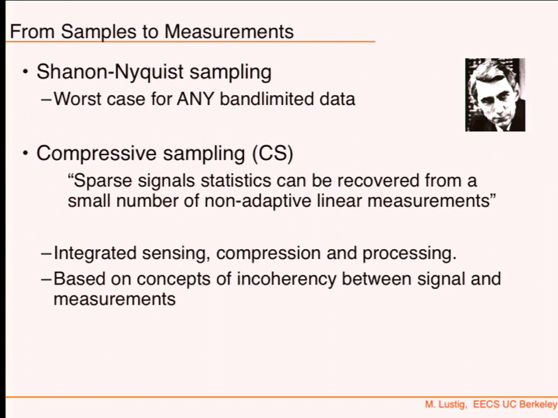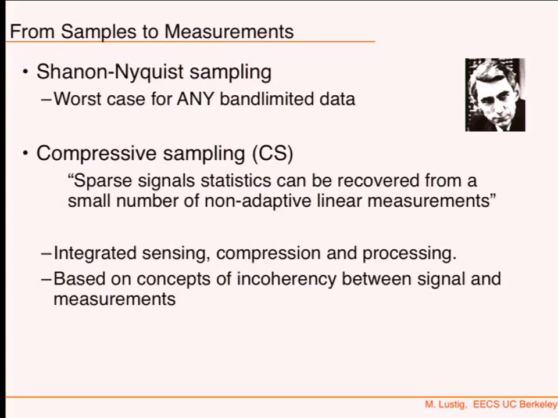But as I said before, when we try to make measurements of something, it's usually something and not anything. And when you want to make something, maybe you can come up with an idea of reducing the amount of samples and still be able to reconstruct. So the concept of compressive sampling integrates the sensing, the compression, and the processing within the same concept.